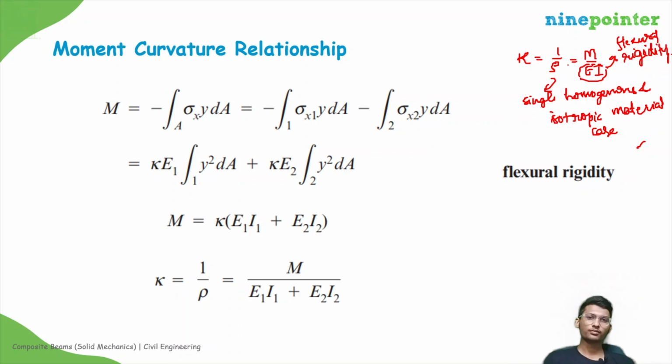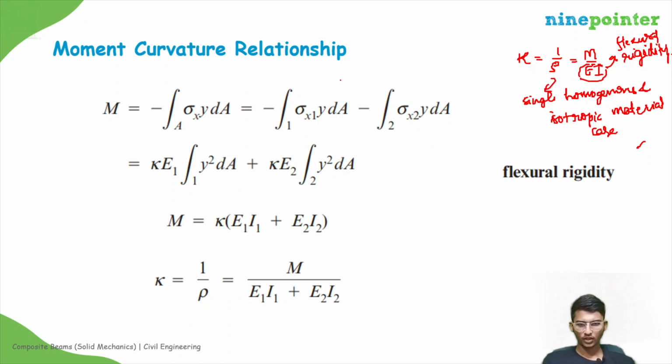This we derived from the point that the moments created by the normal stresses developed due to the bending moment at that cross section should be equal to the bending moment at the cross section, because the normal stresses develop at the cross section due to that bending moment. So whatever moments are created by these normal stresses should equal the bending moment at the cross section, right?